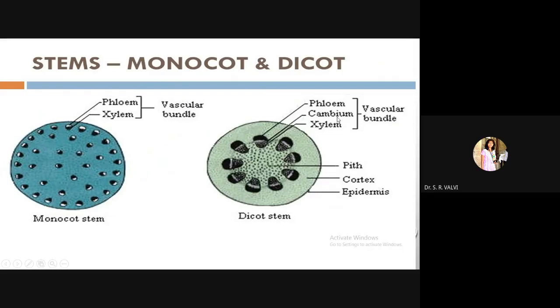Okay, so cambium is present in between the phloem and xylem, and helps in connecting all these vascular bundles together. Who is helping? Cambium is helping in holding this vascular bundle together.